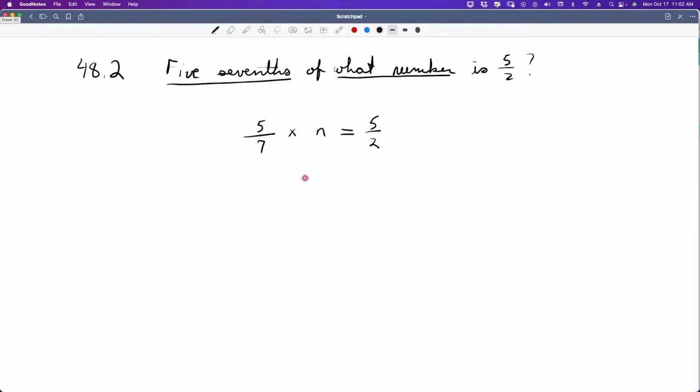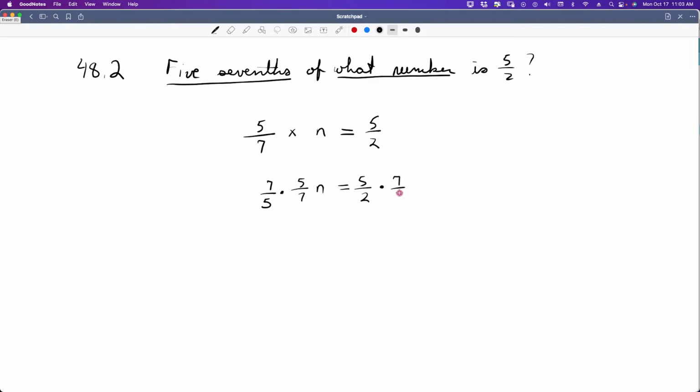So we rewrite this so that it makes sense to us. 5/7 times n is equal to 5 over 2. Now remember what we do when we have a fraction times a variable. In order to eliminate the fraction, we multiply by the reciprocal. So 7 over 5 times 5 over 7. But whatever we do to this side, we have to do to this side.